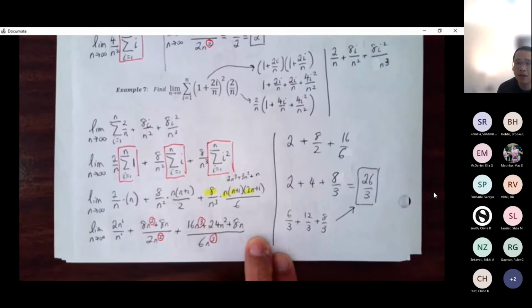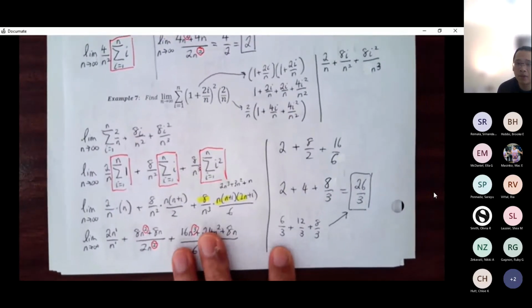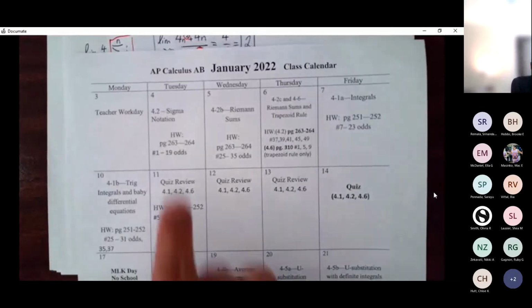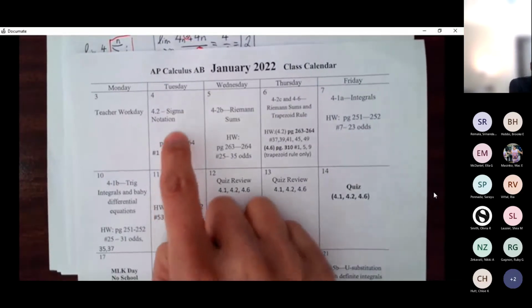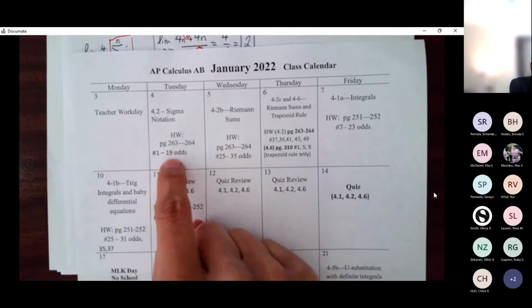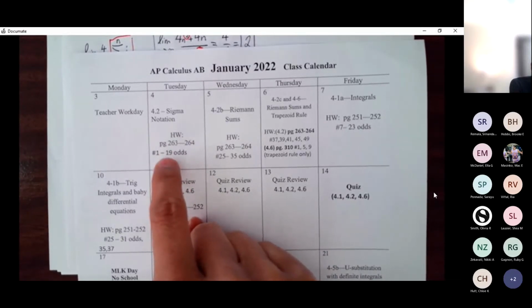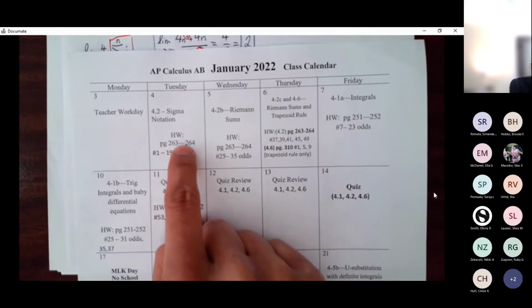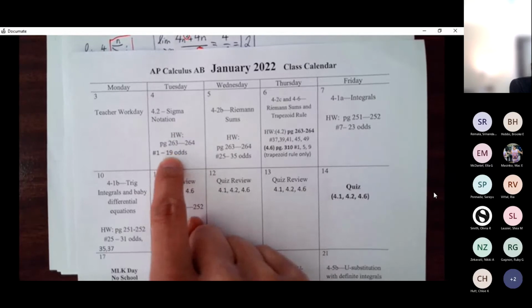Okay, I'll leave this up in a few minutes here, but I just want to go over the fact that we have homework tonight from 4.2. If you go on the website, at the very top of the page, I have the links for the textbook pages, so you can click on 4.2, which will take you to page 263 and just do 1 through 19.